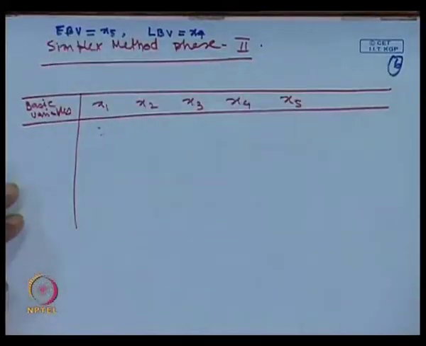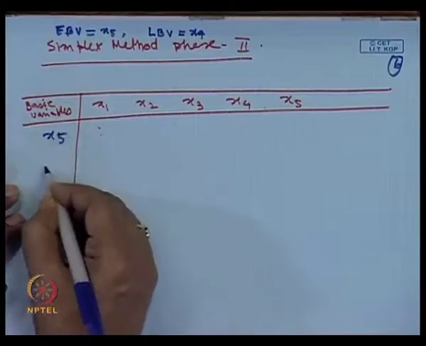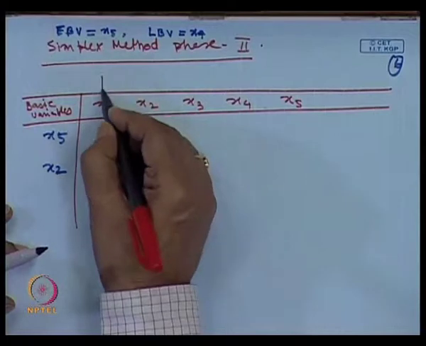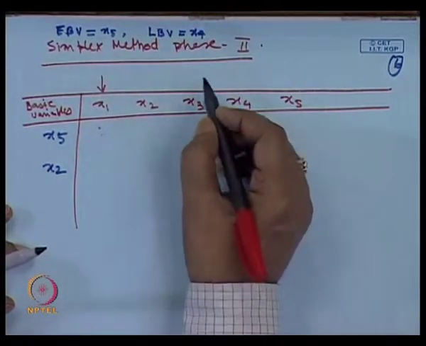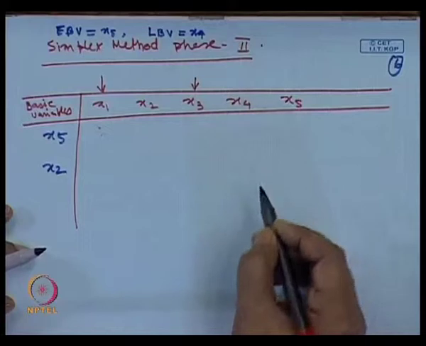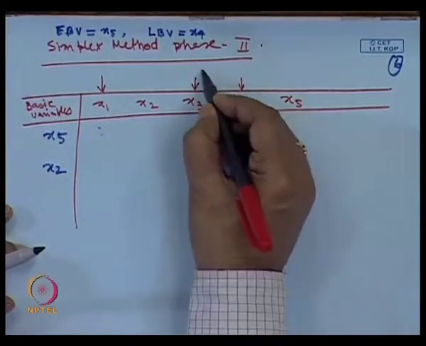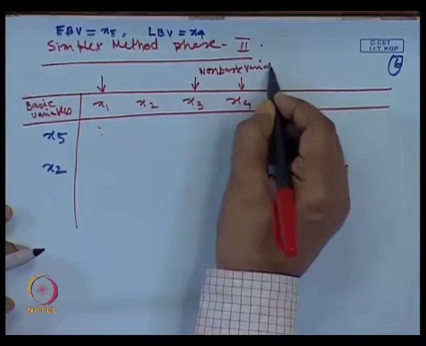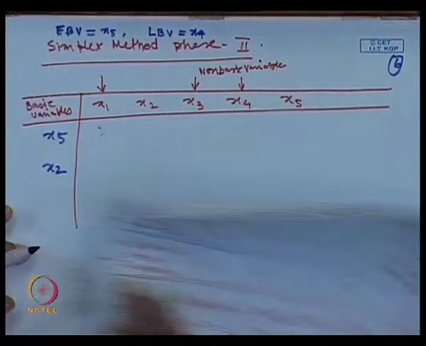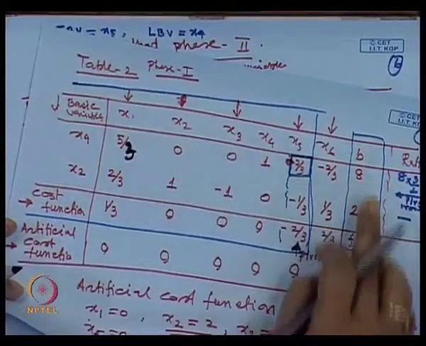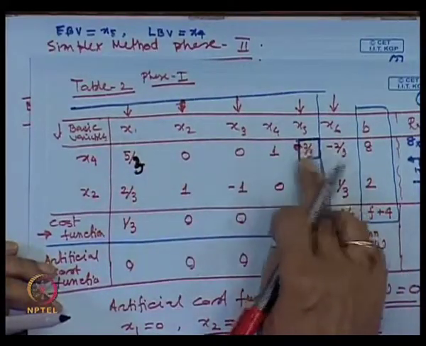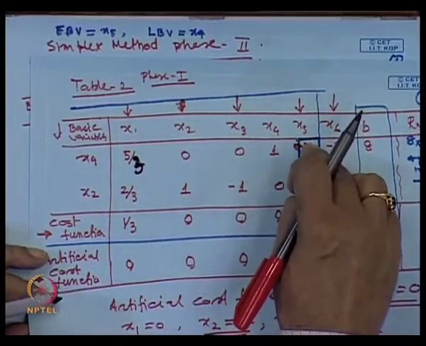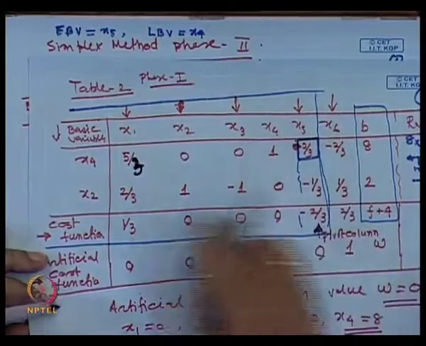So x5 and x2 are our basic variables, and the remaining x1, x3 and x4 are the non-basic variables. I divided by 2 by 3, normalized, and you have to eliminate x5 from equation 2 and 3, that means the cost function.